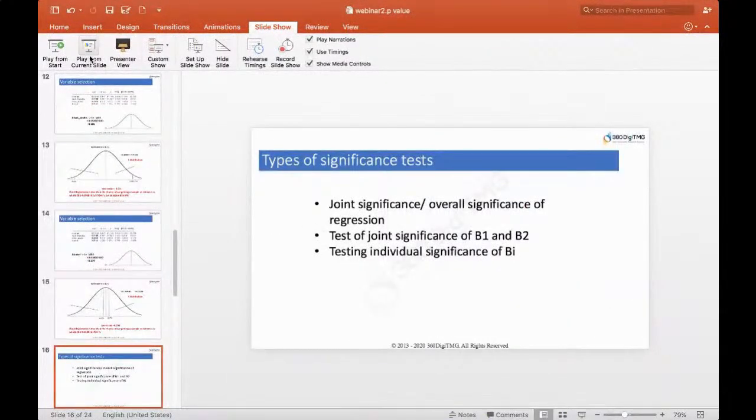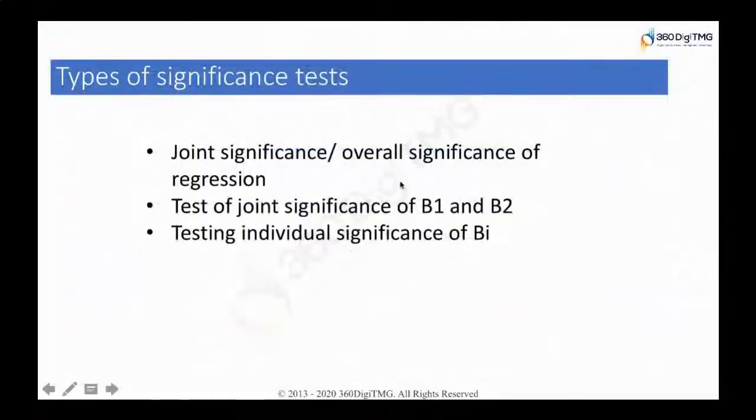One is joint significance, that is, the overall significance. It means the equation I have written just now, taking all the variables into consideration, till beta 22.